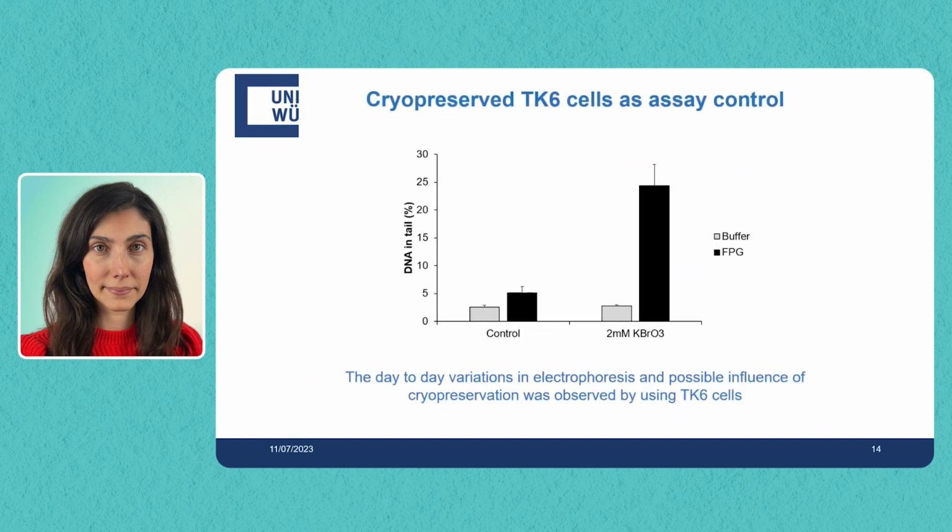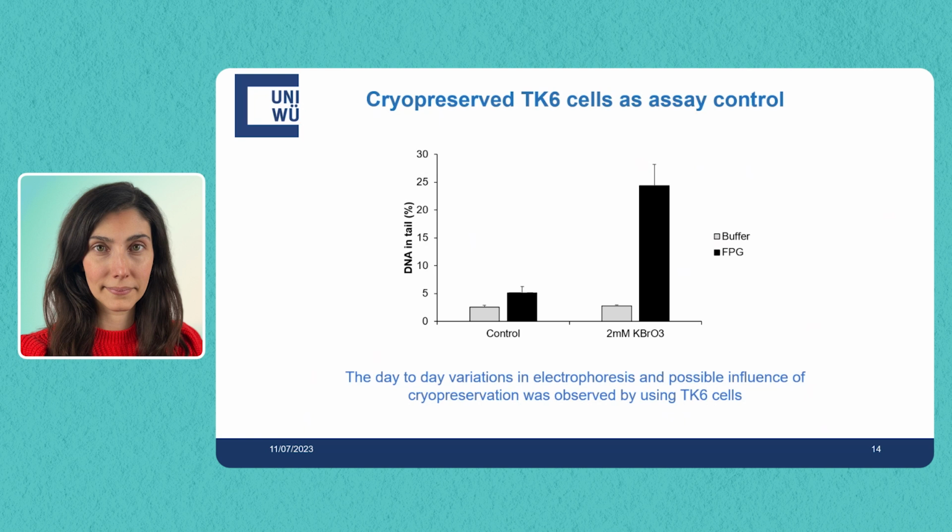Okay, after seeing this, we are going to analyze now decades-long stored samples. So we wanted to prepare some assay controls. As the assay controls, we use cryopreserved TK6 cells. We treated them either with a solvent control, which was water in this case, or with potassium bromate at 2 millimolar, because we wanted to use them as the assay controls in the FPG comet assay. So we need to induce oxidized DNA lesions, and we freeze them as aliquots.